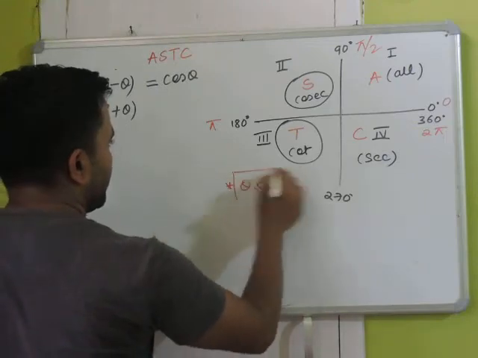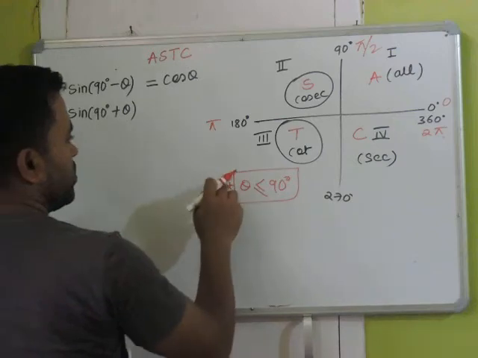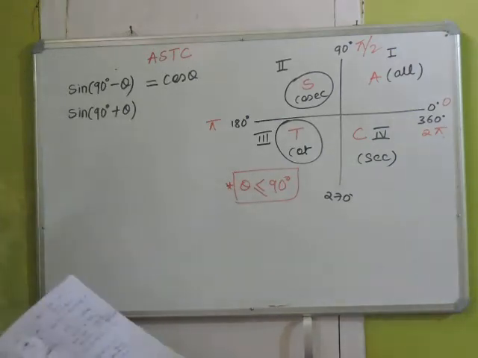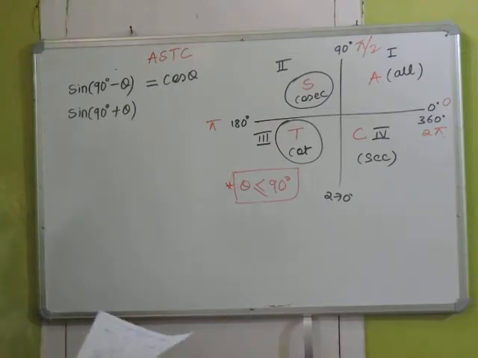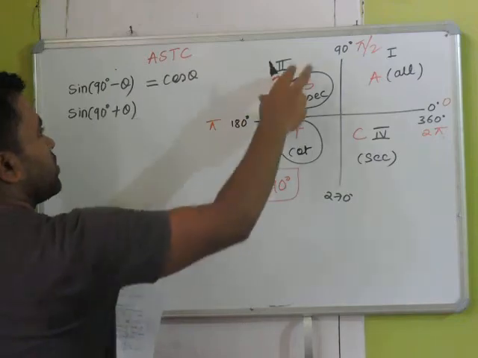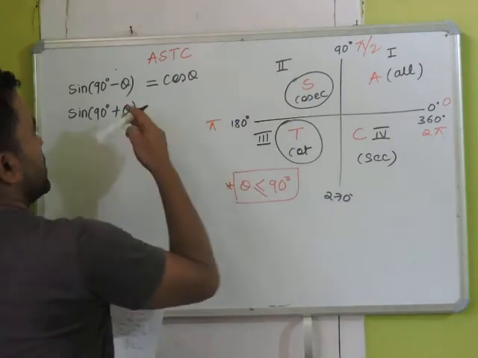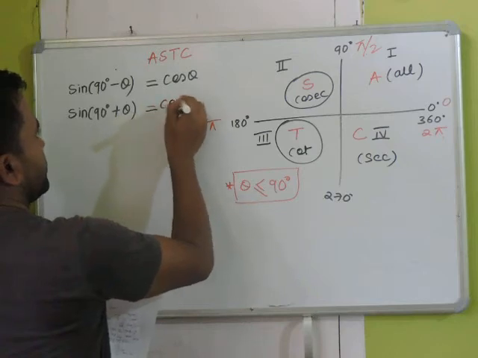Whenever I write theta in these formulas, this is going to be the condition. So sine 90 plus theta lies in this quadrant, and sine is positive only in this quadrant, so it is going to be cos theta.